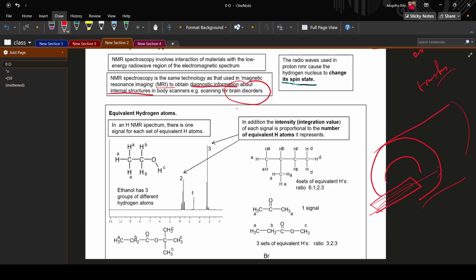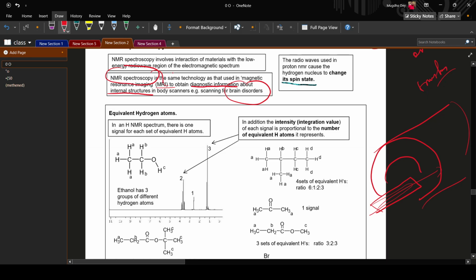It captures brain activity very nicely in HD format, and by analyzing it, doctors can provide a very in-depth diagnosis or prognosis about your psychological activity, or whether you have any brain disease or not. So NMR spectroscopy is basically the same technology used in MRI.